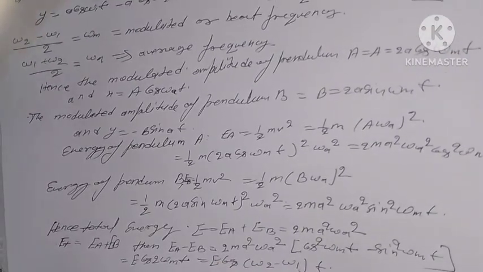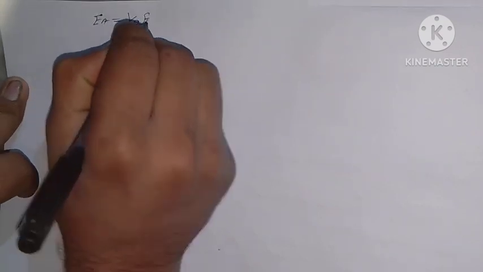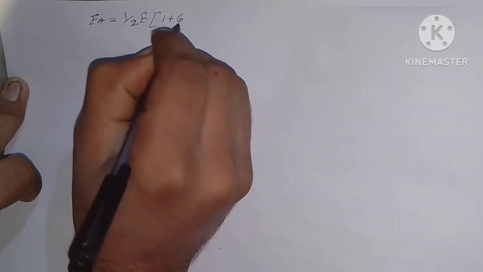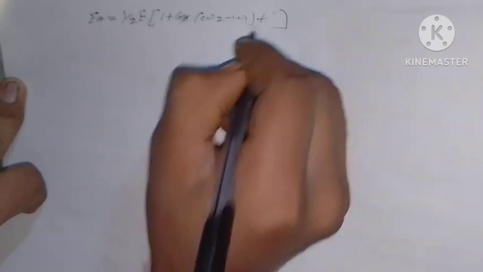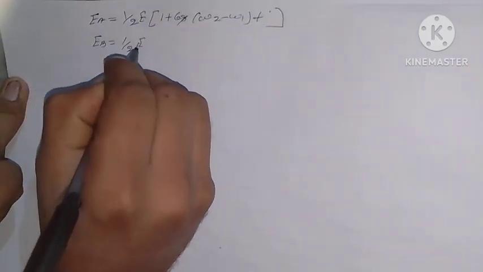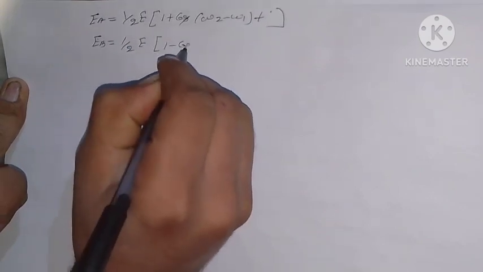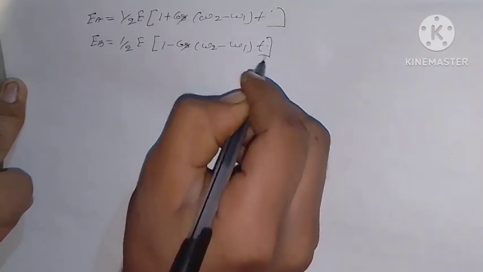Then EA equals half E (1 plus cos (omega 2 minus omega 1) t), and EB equals half E (1 minus cos (omega 2 minus omega 1) t).